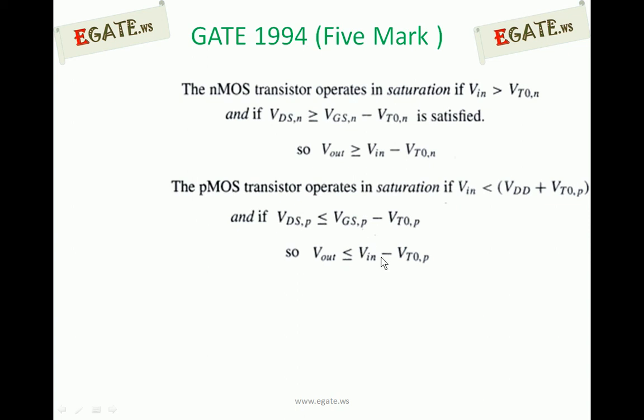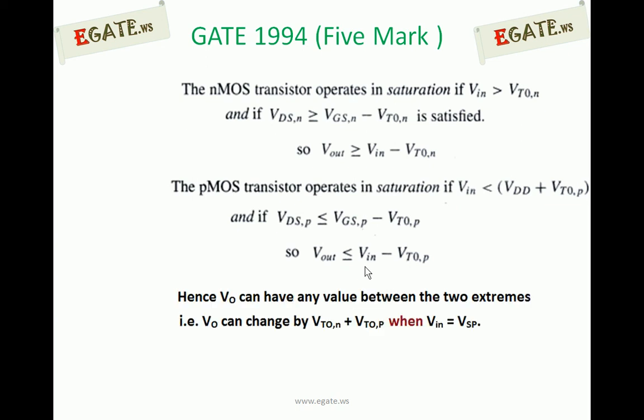So you can write this as V in plus 1, whereas the other can be written as V in minus 1. If you observe, the difference between these two is around 2 volts, that is equal to VTN plus VTP. So V output can change between these two values around the threshold point without changing the region of operation of NMOS and PMOS. NMOS and PMOS won't change their saturation operation, but V0 can change its value by around VTN plus VTP around the switching threshold point.